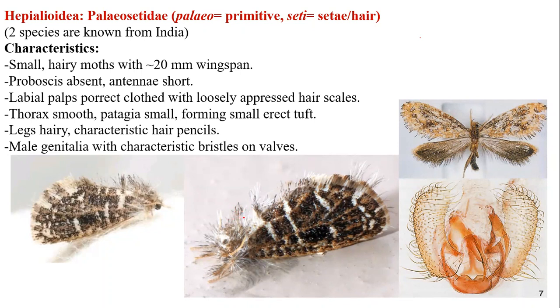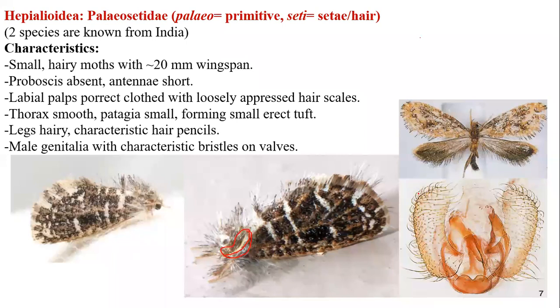And this family is actually characterized by their hairy appearance, and as they belong to superfamily Hepialoidea, they also have very small antennae, which is found in other families of this superfamily like Hepialidae. And their proboscis is actually absent, and we already have said that their antennae are very short.